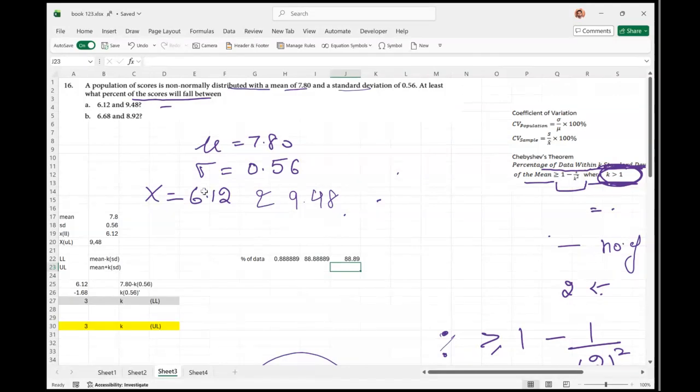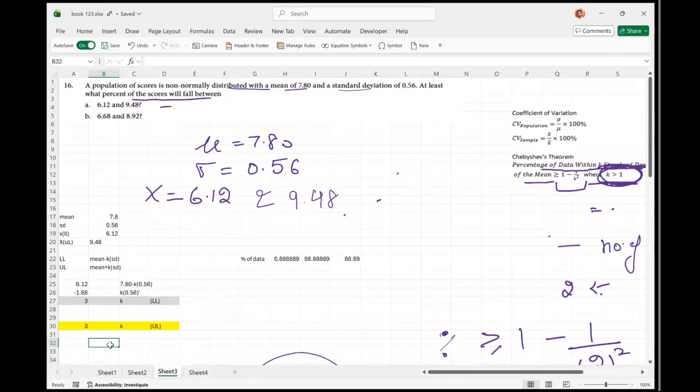So hopefully you were able to understand. I highly recommend you try part B also and figure out what result you get. I think it will come out to approximately 75% of the data, because this looks like one less standard deviation, and on the other side also one less standard deviation.